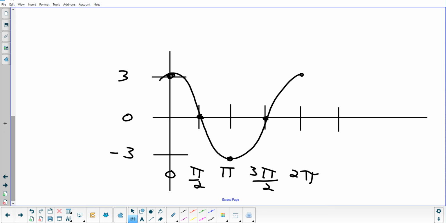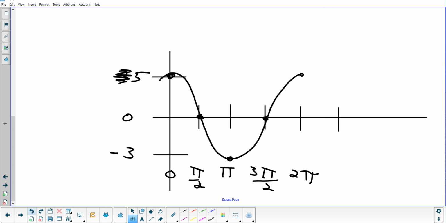Now, if I had to do, say, 5 cosine x, I could use that same picture. All I have to do is this. Now, by changing those to 5s, that's the graph of 5 cosine x. So all my graphs today are going to look the same because I'm going to be changing my scale instead, so I don't have to draw it huge.